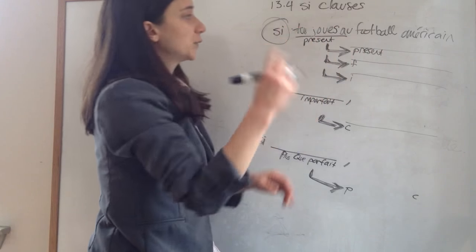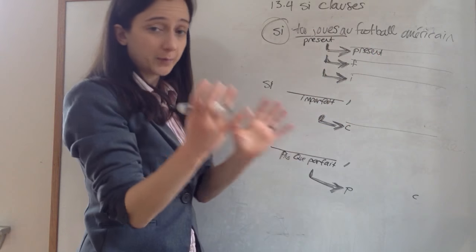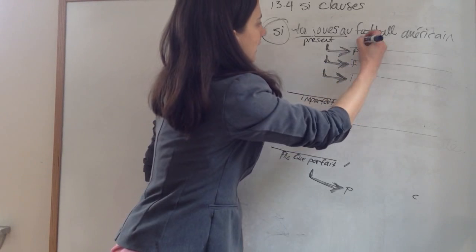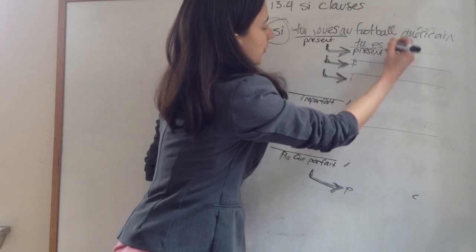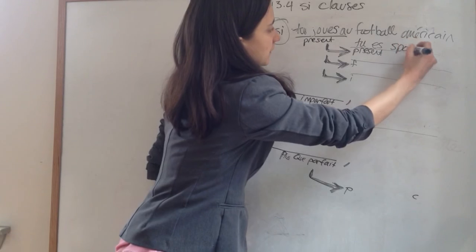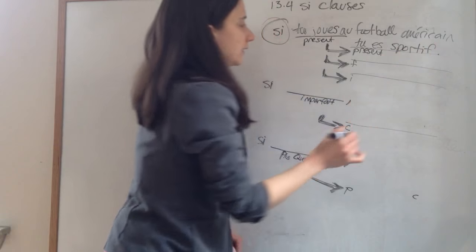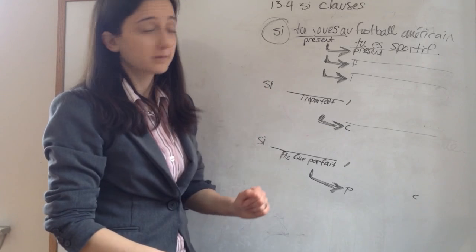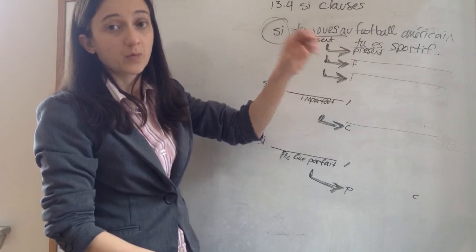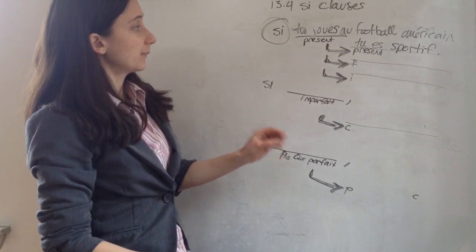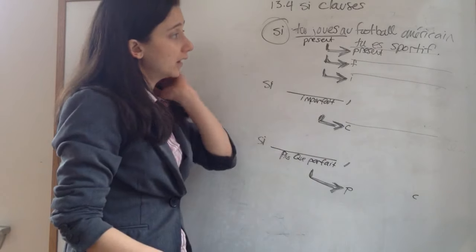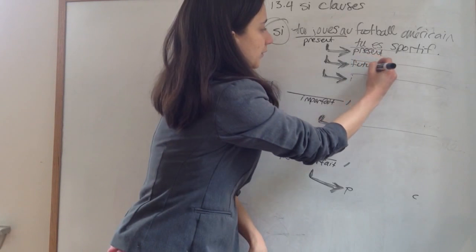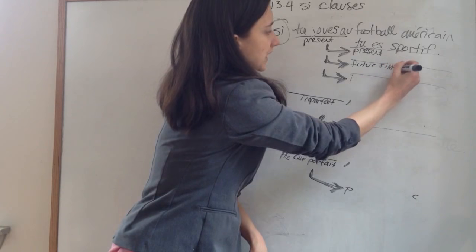So if you play football, si tu joues au football américain, tu es sportif. Okay? So if you play American football, you are athletic. Present, present. We could do something else. If you play American football, we can add the futur. And we'll do the futur simple.